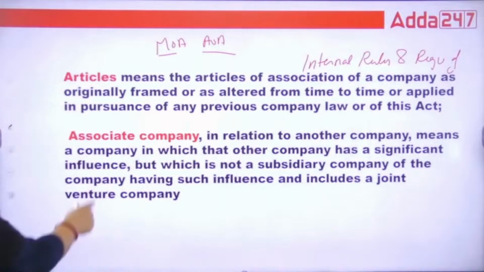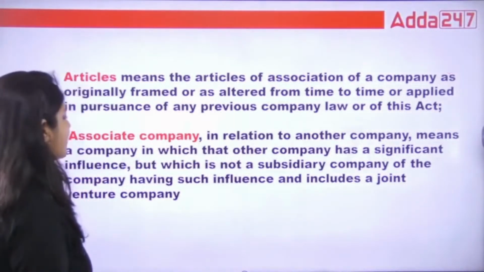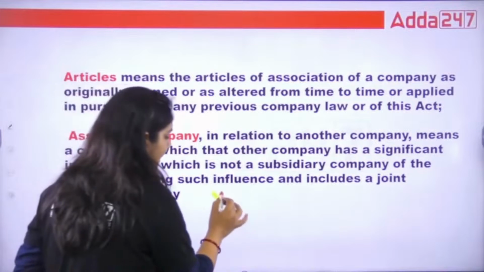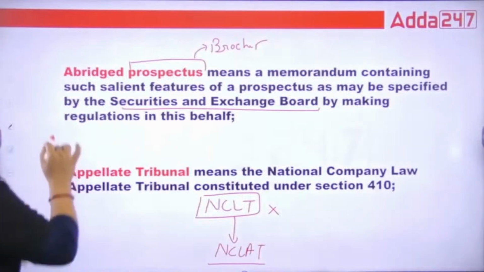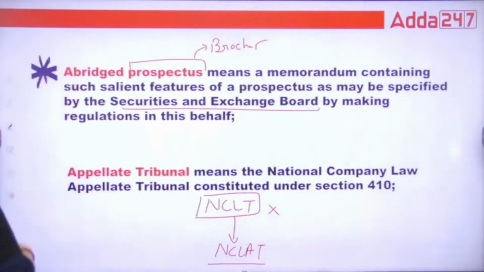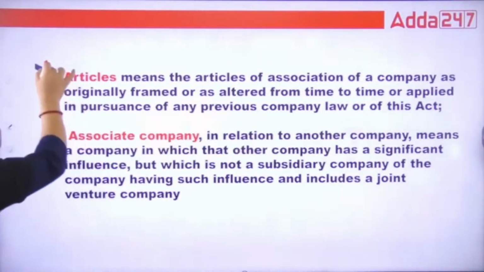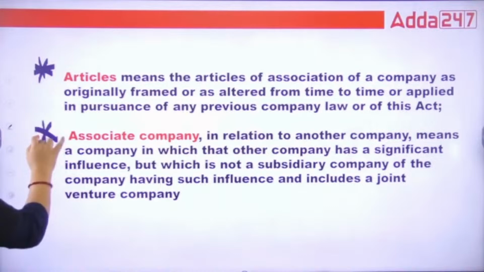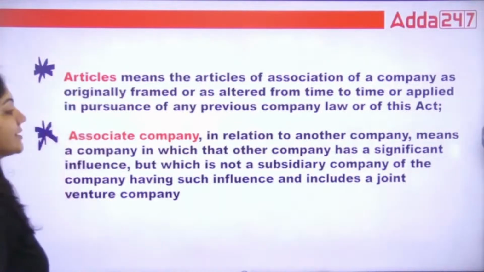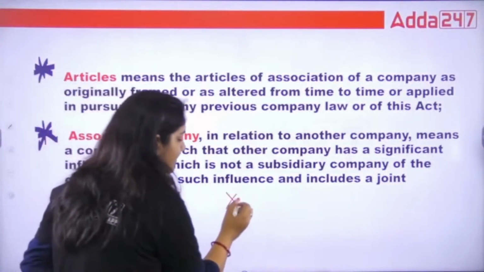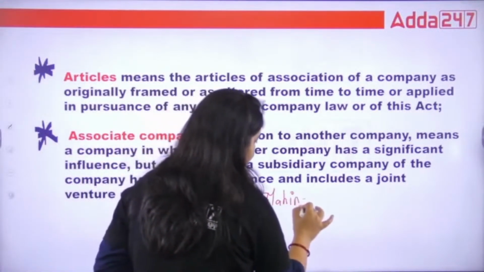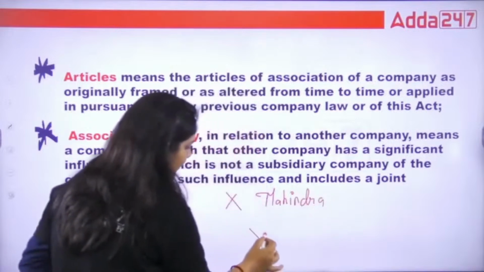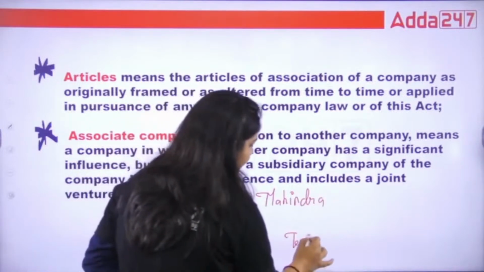Done? What is associate company? Associate company means, suppose X company is there. And I'm also going to highlight the things so that you can easily understand. Abridged prospectus is important. Appellate tribunal is important. And what is associate company? Suppose X company is Mahindra and there is a Y company. Y company is Tech Mahindra.